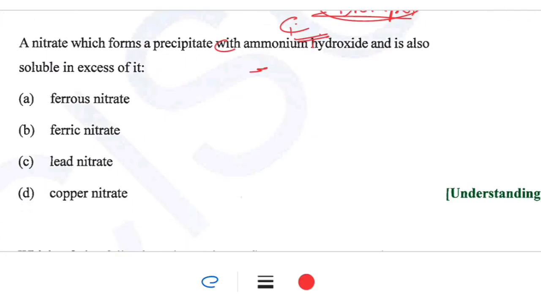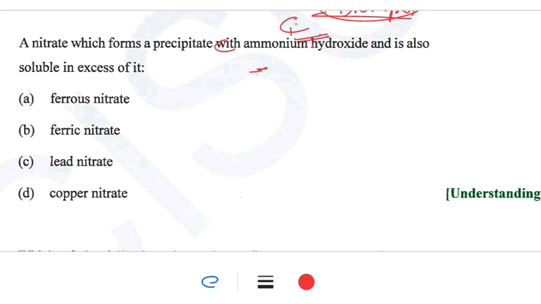Next. A nitrate which forms a precipitate with ammonium hydroxide and is also soluble in excess of it. So they are talking about a nitrate which forms a precipitate with ammonium hydroxide. So it's again an understanding part, a theoretical part. We came across these nitrates.